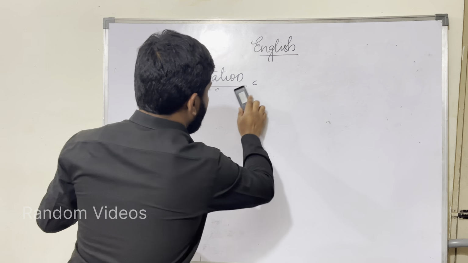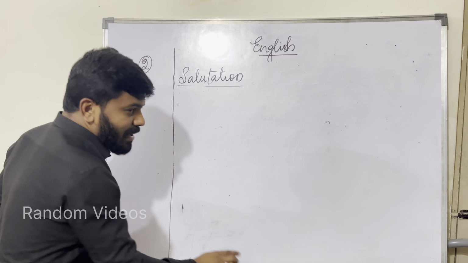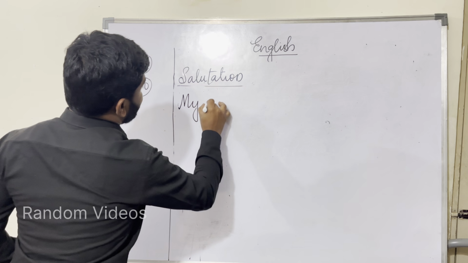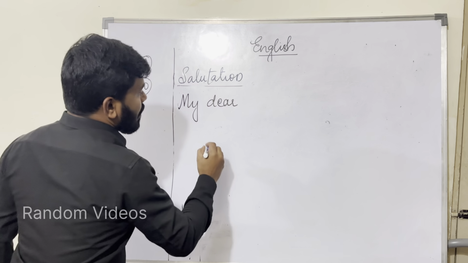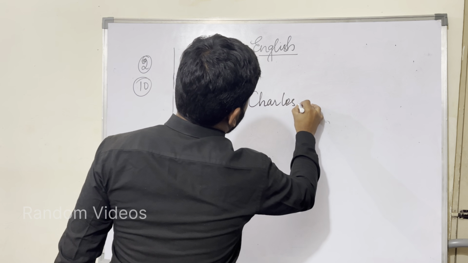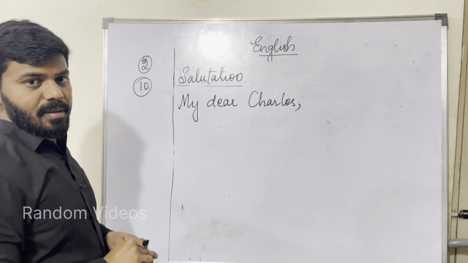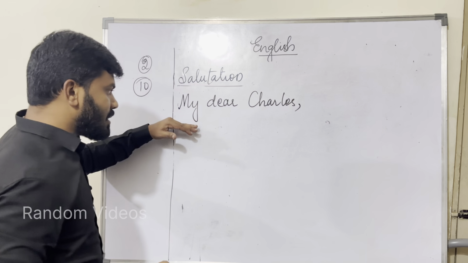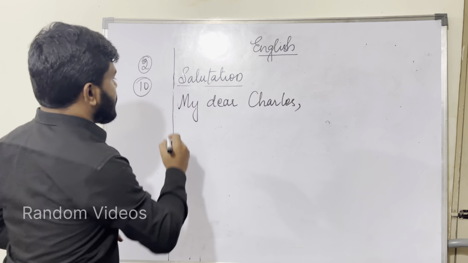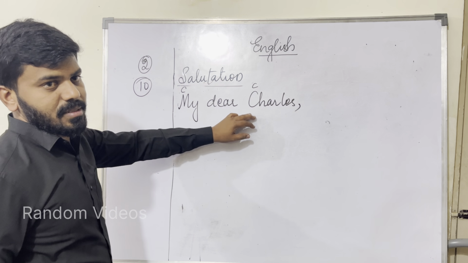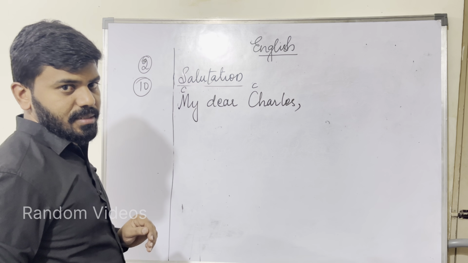Imagine if you are writing to your friend, you must write my dear Charles. You will be writing the name. You should not write my dear friend Charles. You should write my dear Charles. See, this is capital, and here the name of the person begins with capital letter.